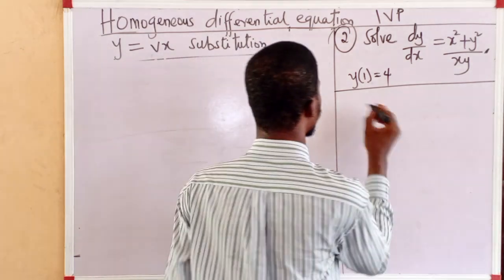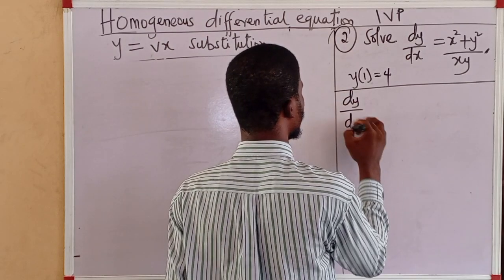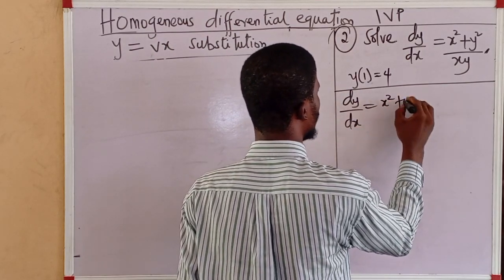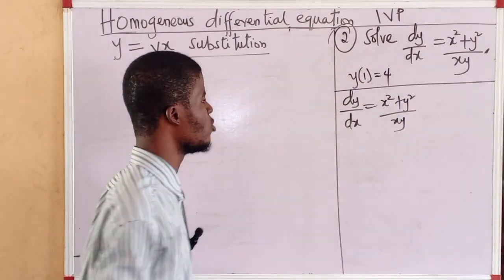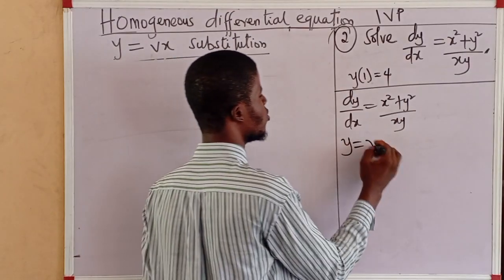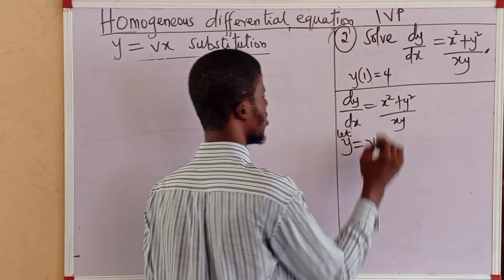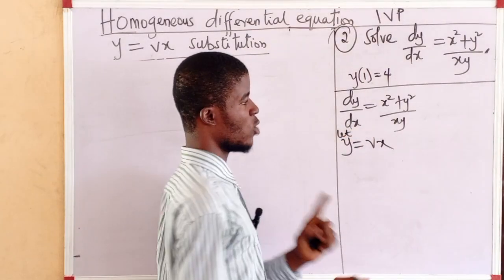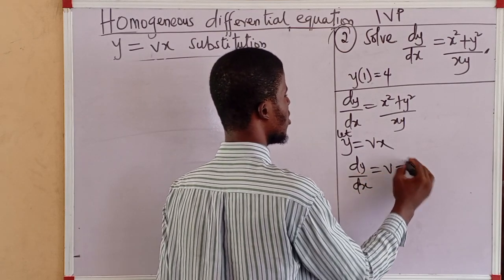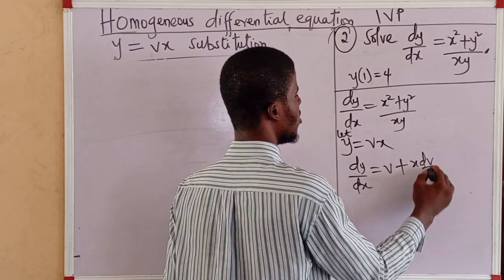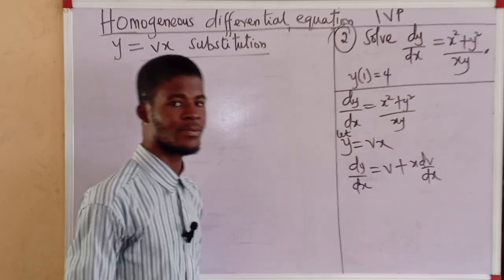Watch. dy/dx equal to (x squared plus y squared) over xy. So the first thing is to make the substitution. Let y be equal to vx. And if this is so, based on what we did earlier, we said dy/dx is v plus x dv/dx.